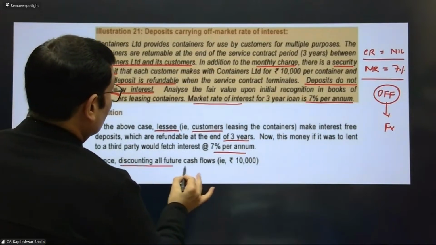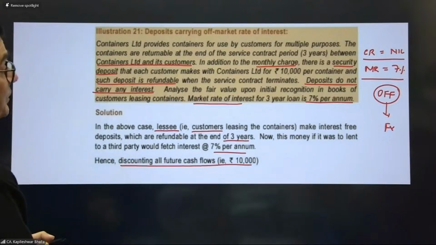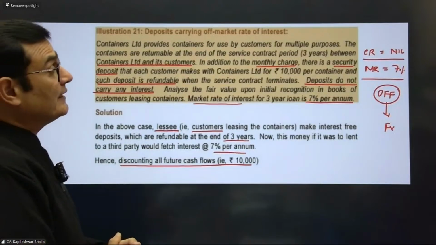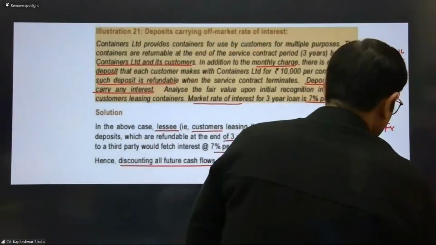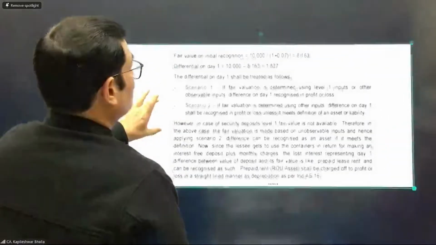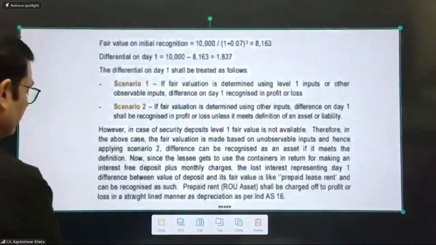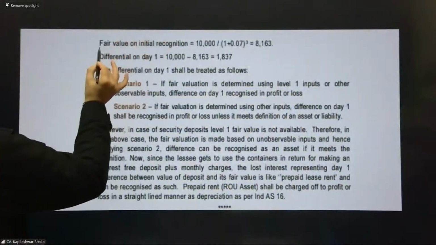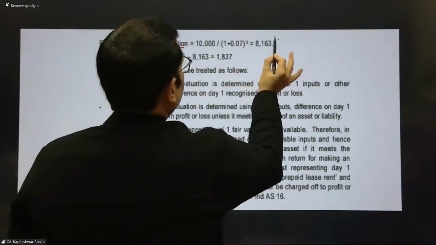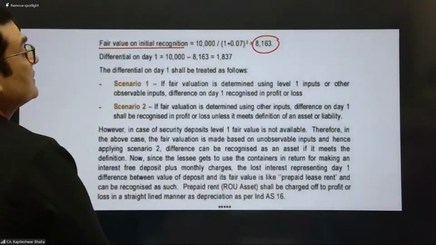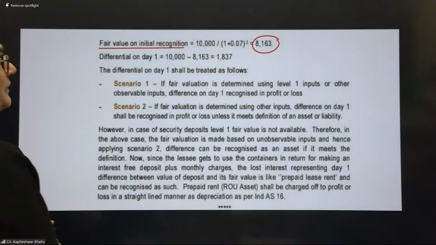You need to discount all the future cash flows, which is the only money you're going to get at the end of the third year. That's 10,000. So if we calculate a fair value in this case, we will consider the present value of all the future inflows. So here the fair value on initial recognition is 10,000 discounted at the rate of 7% at the end of 3 years.